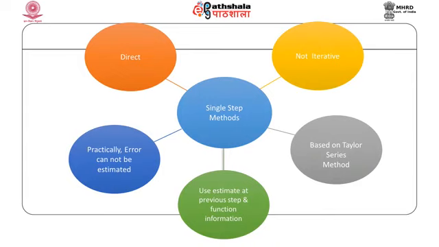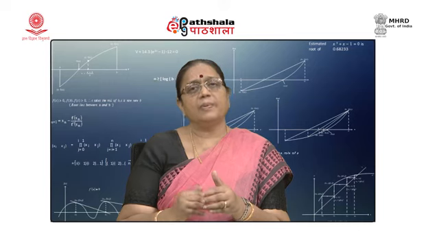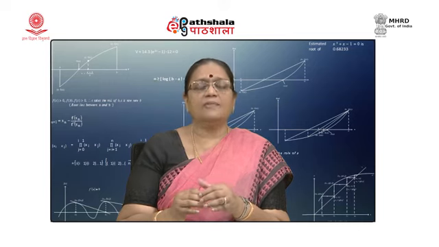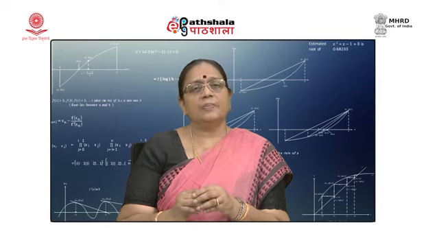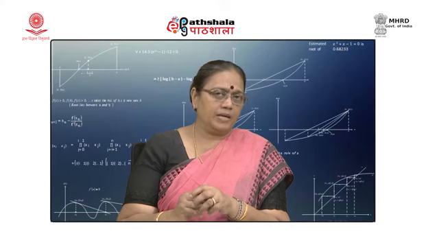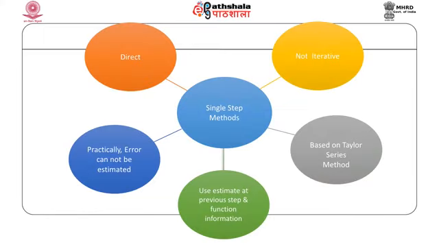Whatever accuracy estimate you have is on the basis of the analytical formula, the truncation error formula, which gives an idea about what the error would be. But if the method is iterative, we can compare the new value with the previous value, we have the idea of the sequence of approximate solutions. Since they are direct, that estimate cannot be computed except from the theoretical formula.